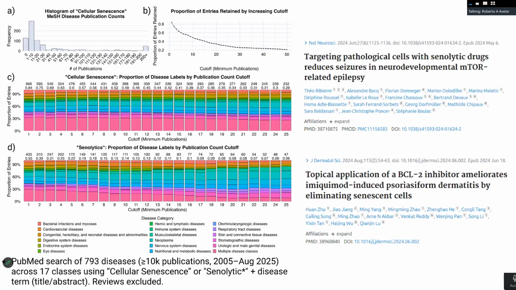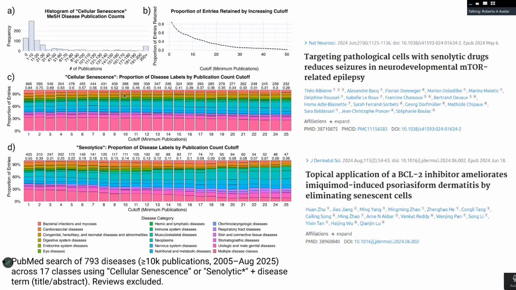So we focused on terms that had at least 10,000 publications in the last 20 years, which I defined as well-studied diseases. And what we find is that 84% of these well-studied diseases have at least one publication linked to cellular senescence in the title or abstract, right? And if we jump to, say, 10 studies, we still get about 50% of diseases.